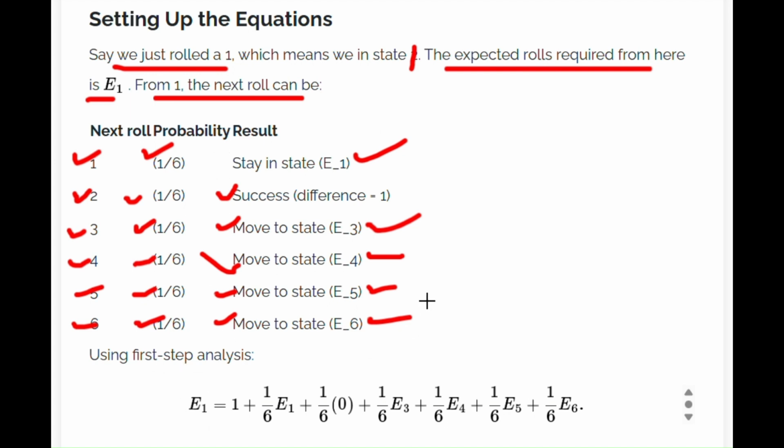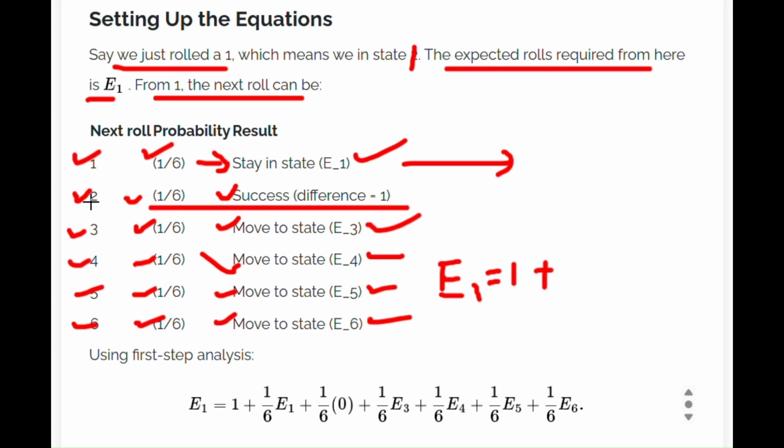This gives us, we can write the equation for E1, which is the number of rolls required from state 1 to reach the success criteria, or the absorbing state. It is 1 plus 1 by 6 times E1, plus 1 by 6 times this second one, which is our success state, E2, which would be 0 because we have reached the absorbing state.